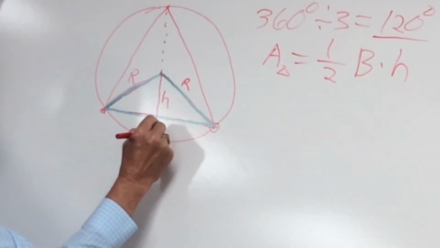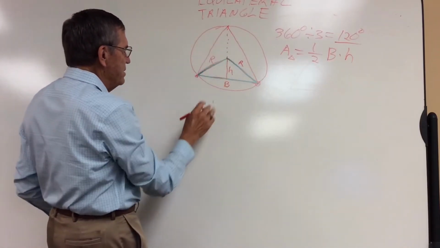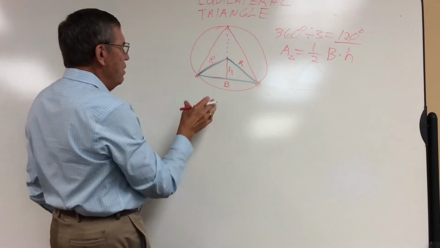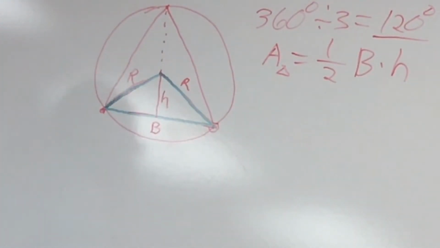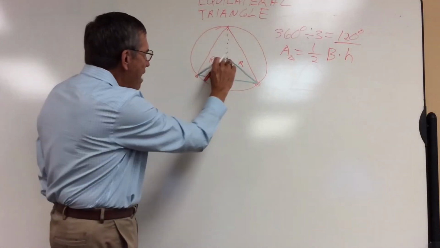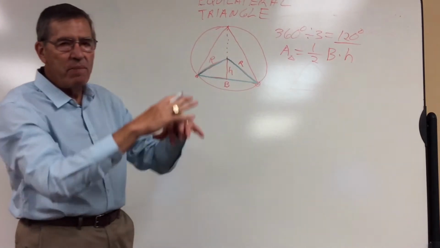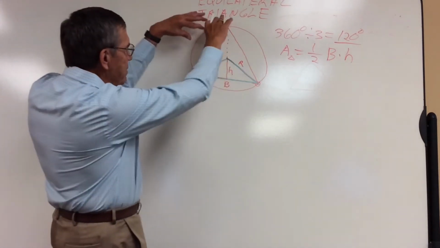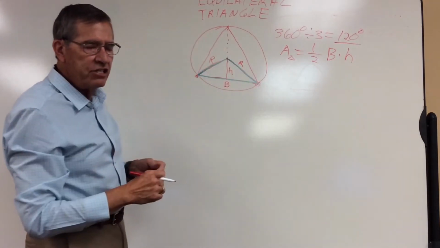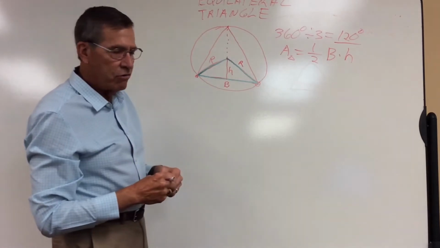So if we know what the height is and what the base is, we can use this formula to get an expression for the area of that one triangle, multiply it by 3, and that'll be the total area of the equilateral triangle. Then we compare that to the area of the circle in a ratio, and that'll tell us what percentage is covered by the equilateral triangle.